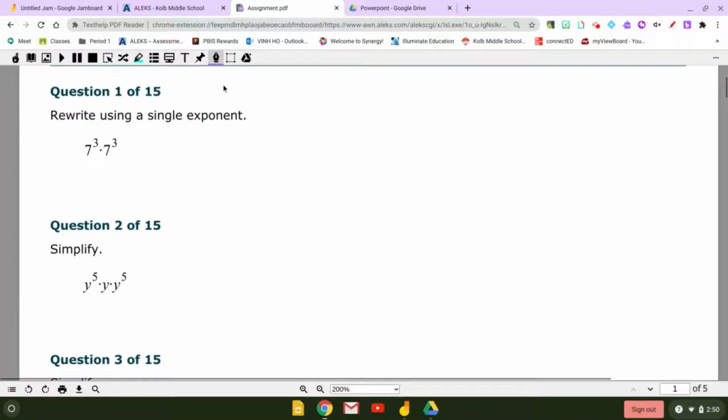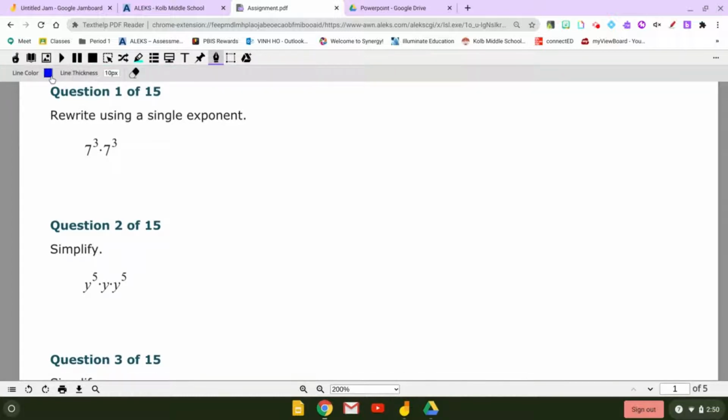There are two ways to do this problem. The first way, you can write them all out. 7 to the third power is just like 7 times 7 times 7, 3 times. And 7 to the third power again, you're going to have another 7 times 7 times 7, and they multiply each other.